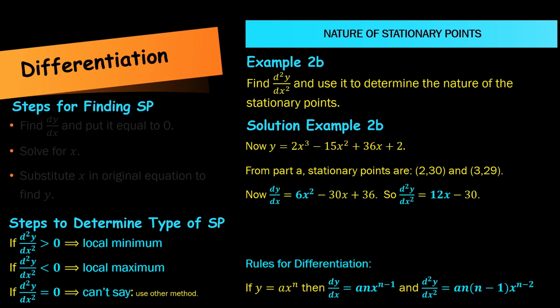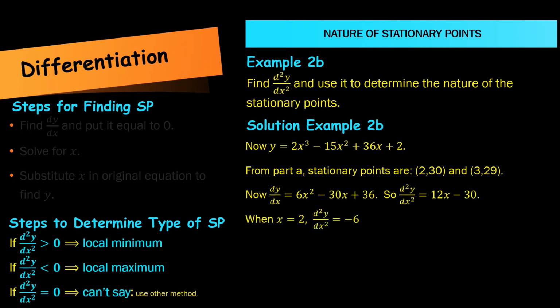Remember that differentiating 6x² gives us 12x, and differentiating minus 30x plus 36 gives us minus 30. When x equals 2, which is one of the stationary points, d²y/dx² equals minus 6.